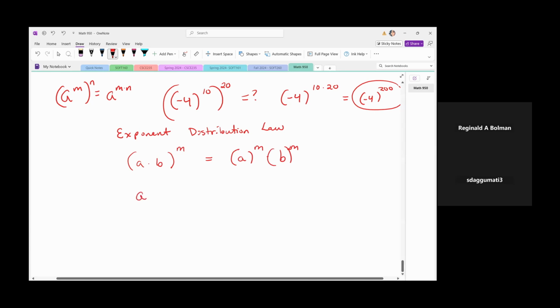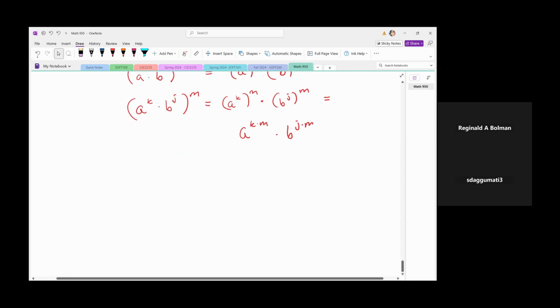On the other hand, if you have a number raised to some power multiplied with another number raised to a different power, and that is raised to a power, then you may say that each one of these individual terms will be raised to whatever the power is on the outermost set of parentheses. So you've got a to the k raised to the m times b to the j to the m, and your exponents will then multiply with one another. So you've got a to the km times b to the jm.